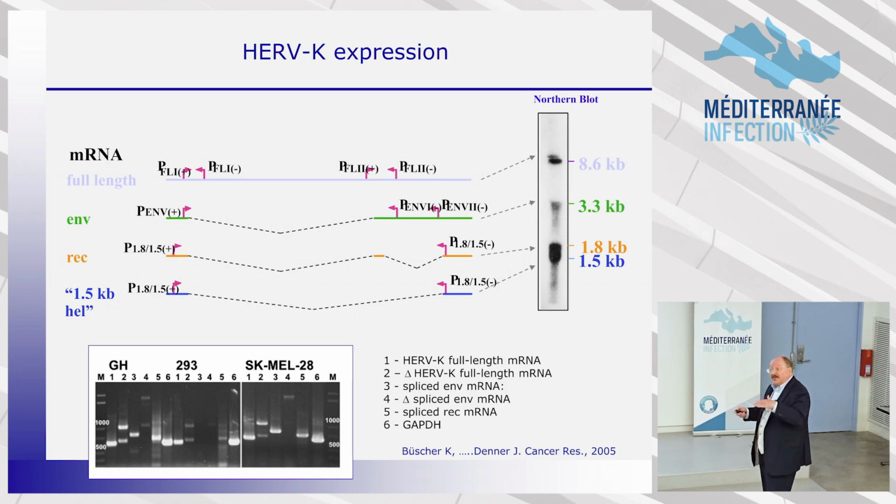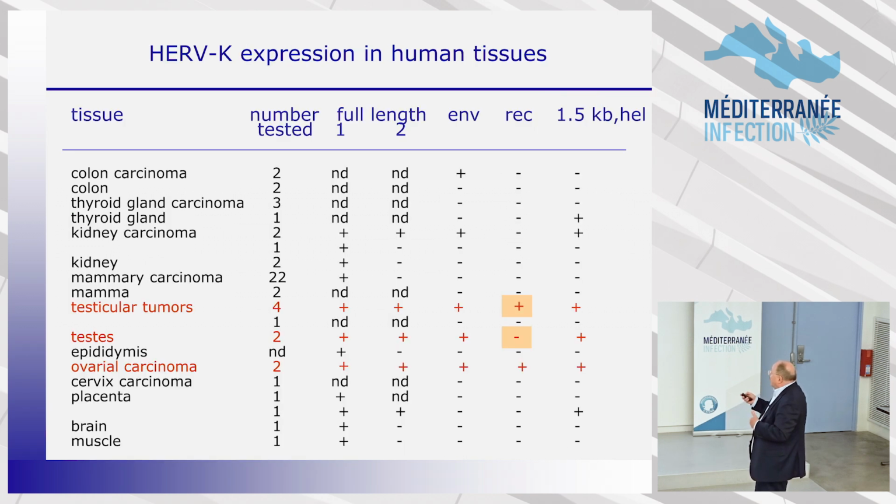So we see full-length and spliced messenger RNA, and this is not the case in immortalized human embryonic kidney cells. So we see that there is a very strong expression not only of the full-length but also of the spliced messenger RNA.